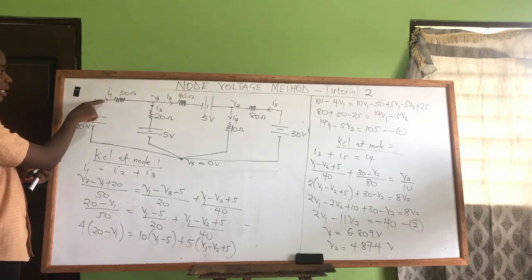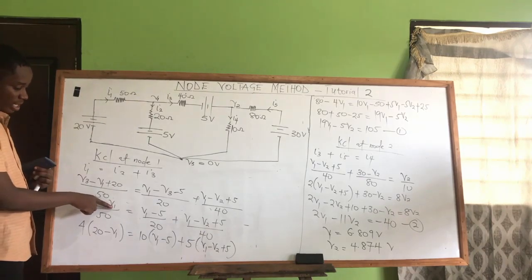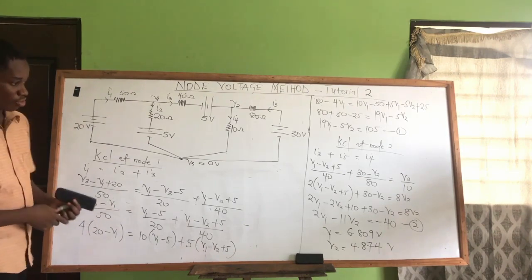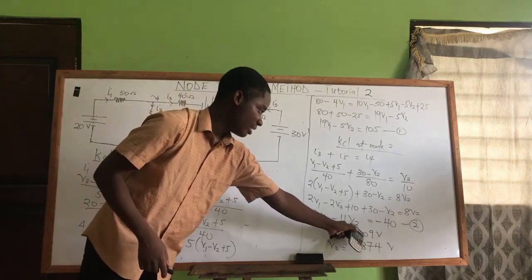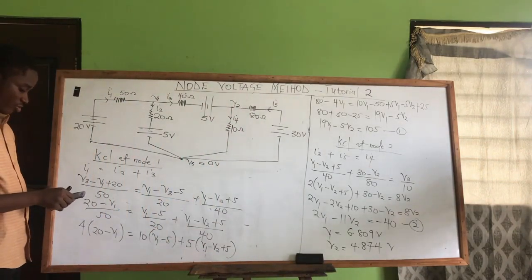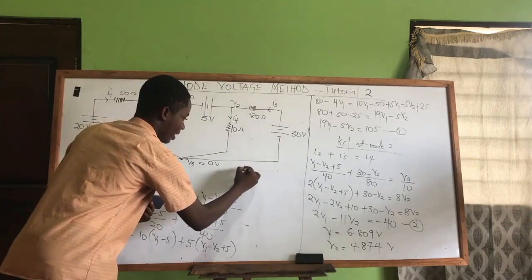We know that I1 is equal to 20 minus V1 over 50. V1 is 6.809, so you just have to substitute your V1 here. Let me do the I1 here.